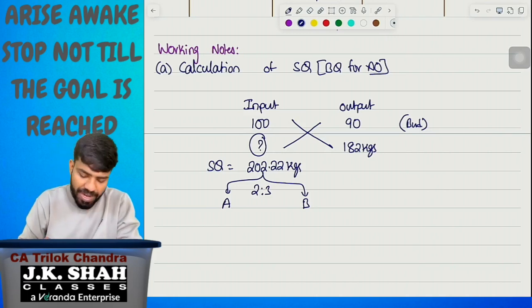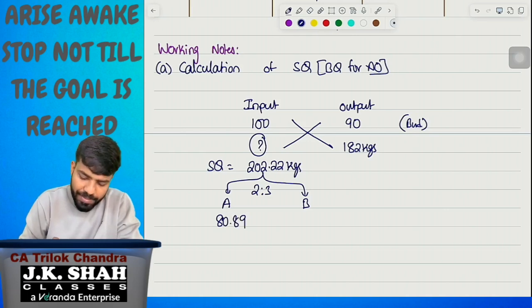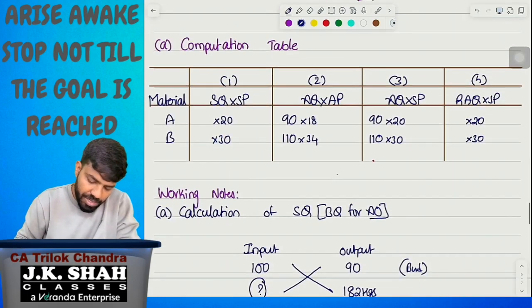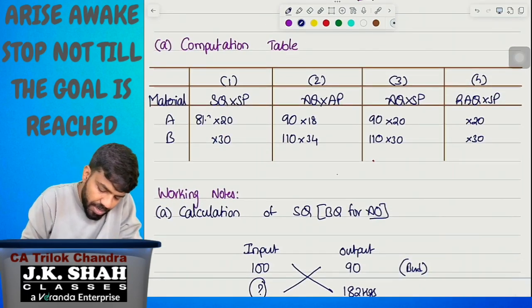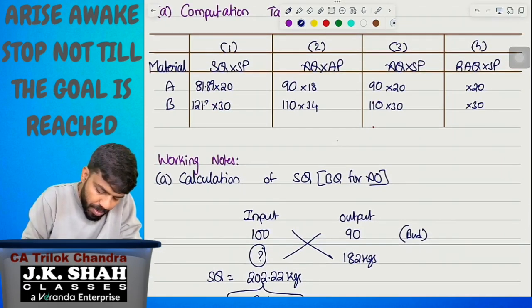Now divide by 5, into 2: 80.89. Divided by 5, into 3: 121.33. So 80.89 kgs and 121.33 kgs.